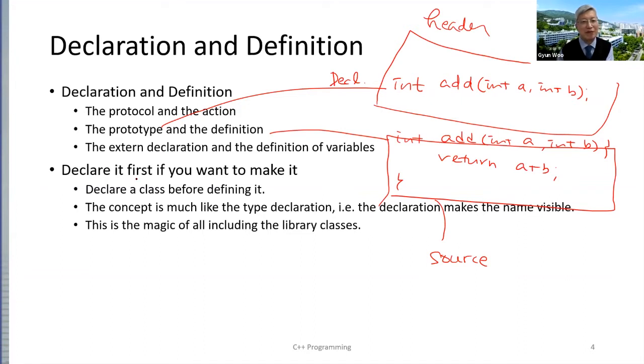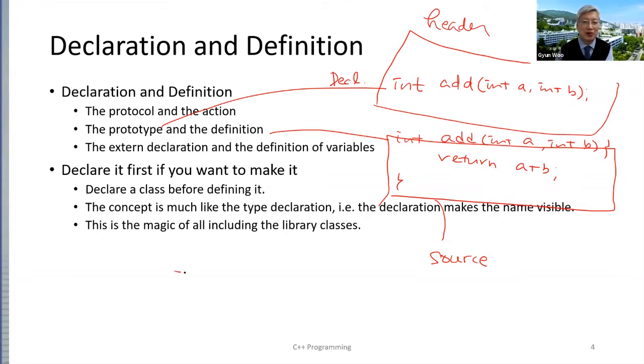So declare it first if you want to make it. Declare a class before defining it. The concept is much like a type declaration. The declaration makes the name visible, and then you just supply the details. So this is the magic of including library classes.